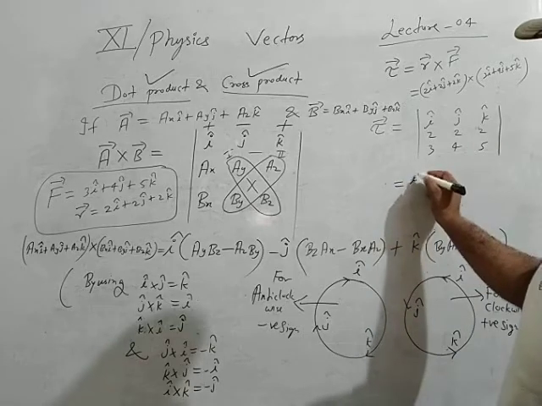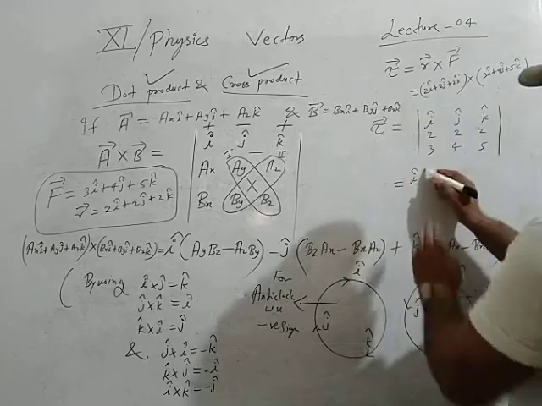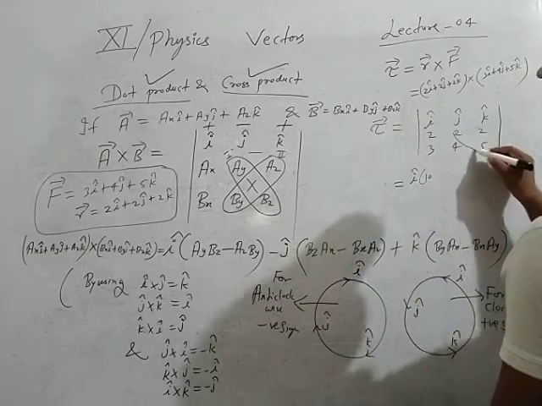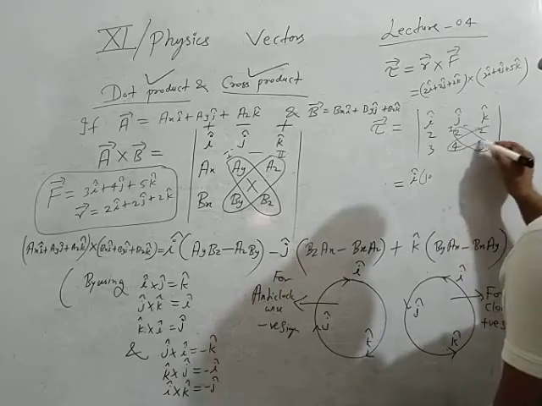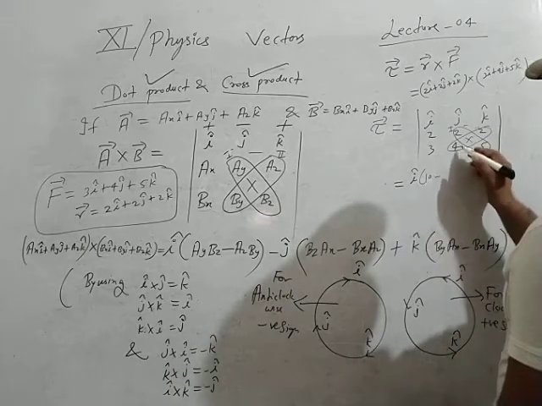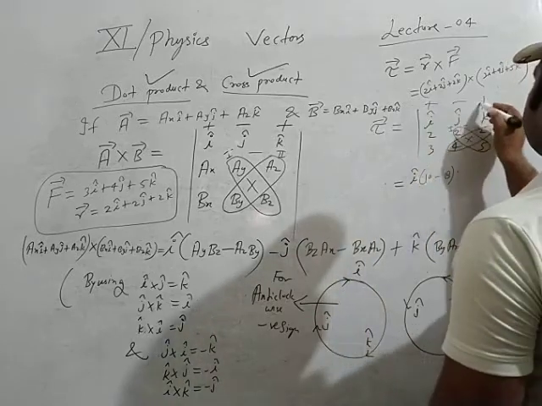Then here i, so closing this one, 5 times 2 is 10, in this way. First this, and then minus second this, 4 times 2 is 8, and here the signs are plus, minus, plus.